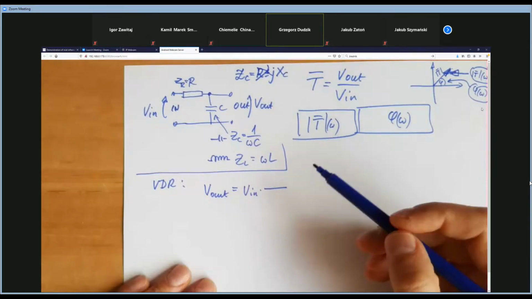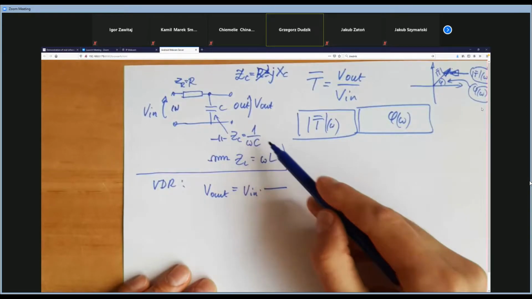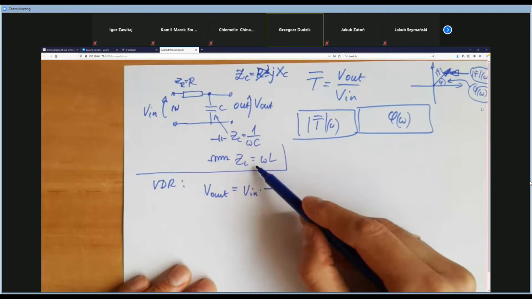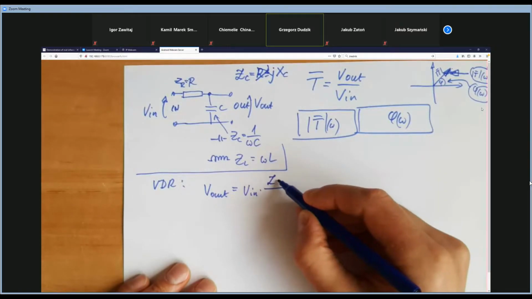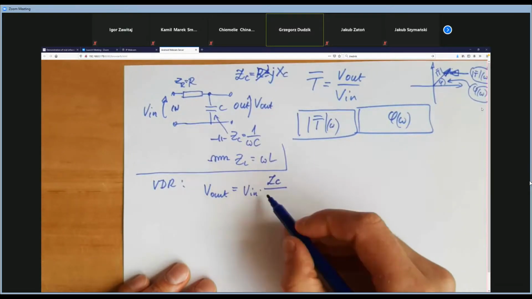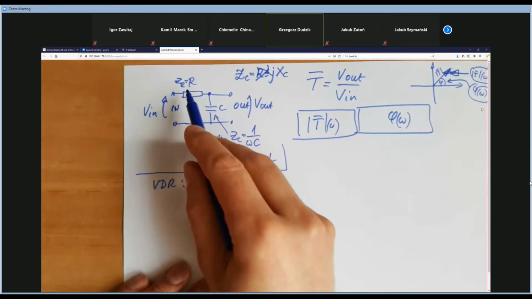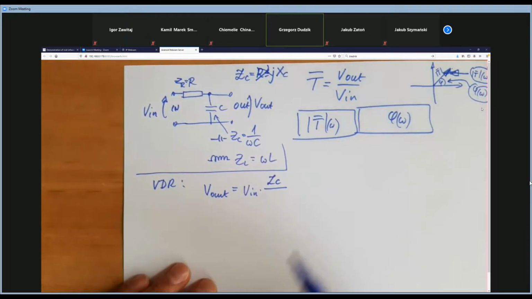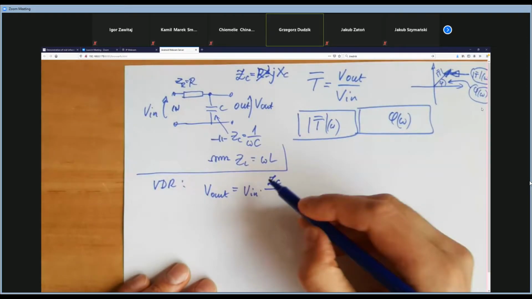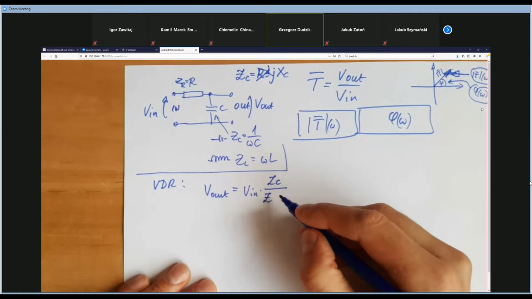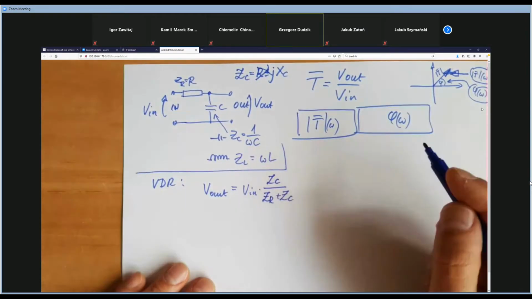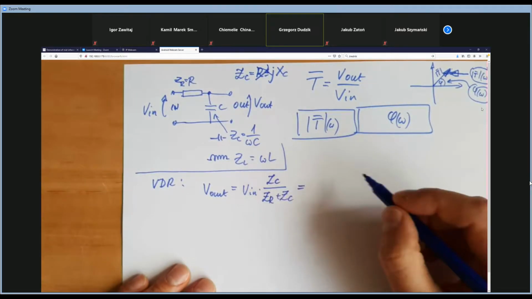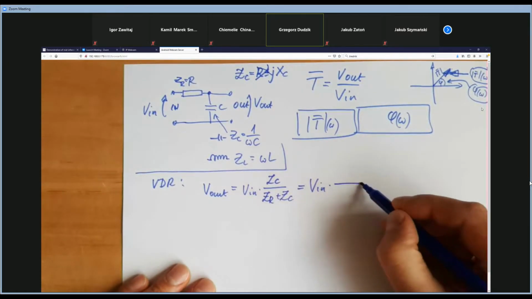So that's why the impedance is 1 over omega C for the capacitor and omega L for the coil. All right, so it will be the impedance of the capacitor over the sum of the impedances in our voltage divider. That is the impedance of the pure resistor plus the impedance of the pure capacitor. This is equal to V in times ZC.